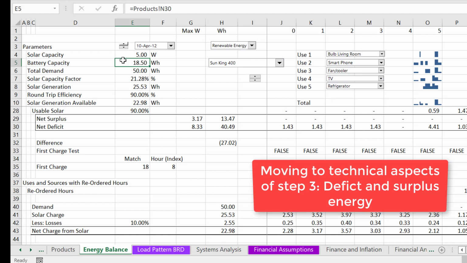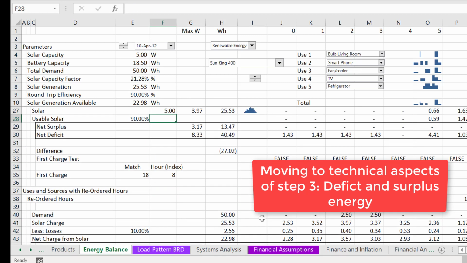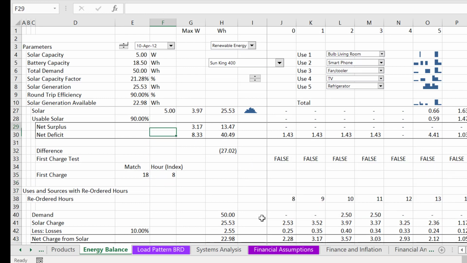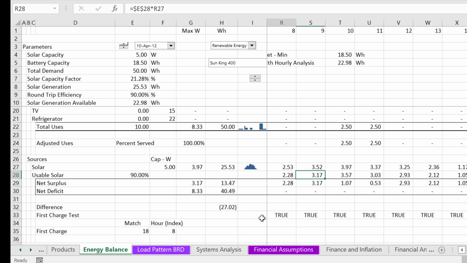I put all this on the website because I was confused: if we're really careful with capacity, is it charge or discharge? It's discharge. Because we have a loss here, we might have to charge it more than we discharge it. So the amount of solar we actually get and can use is only 90% of the charge.